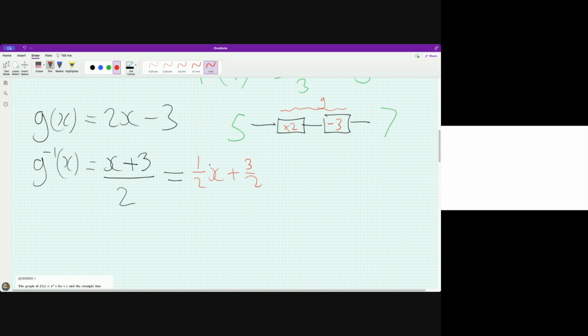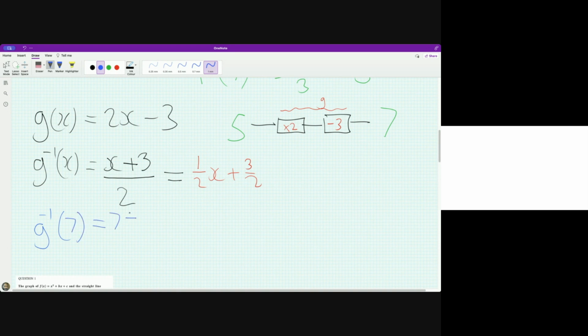You are completely right. So now, if this truly is the inverse function, it should undo what the original did. So let's check with the inverse function. What is the inverse of the number 7 using this function?